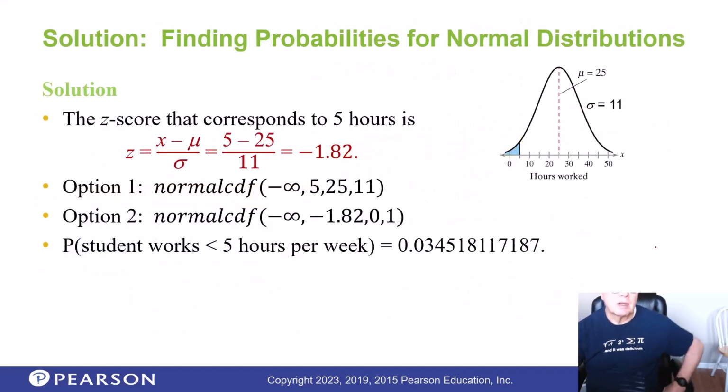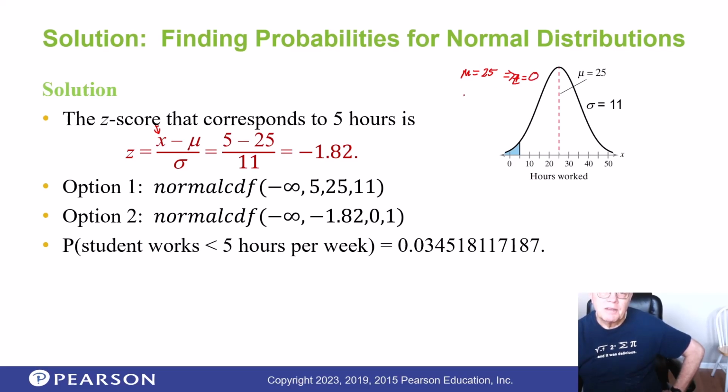Here we go. Now, this is the old way of doing it. The old way is you take these x values and turn them into z values. Well, there are two values we're interested in. The mean for this one is 25, which corresponds, of course, to a z value of 0.